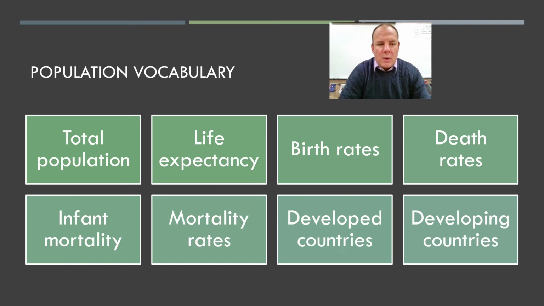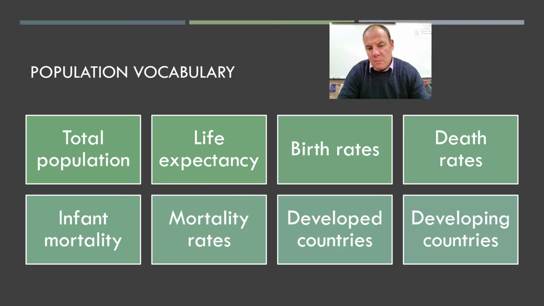It's impossible that we can count everyone, but we do look at stats, and we look at birth rates and death rates, and that's why it's important to have those key vocabulary words discussed. And then I want you to make sure you know those meanings, because in your writing I want you to refer to these words, and that's how you improve your writing, by using that geographical vocabulary.